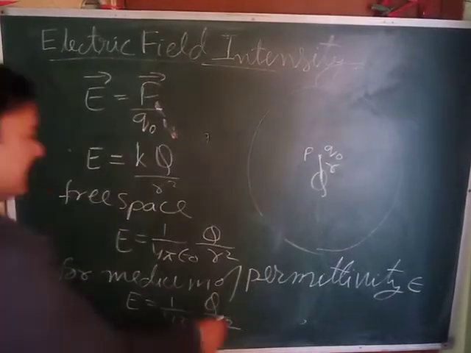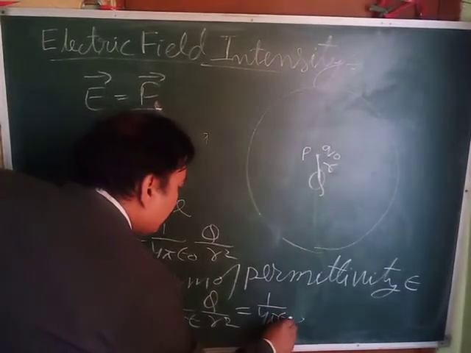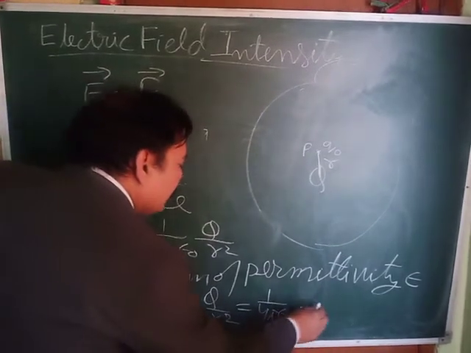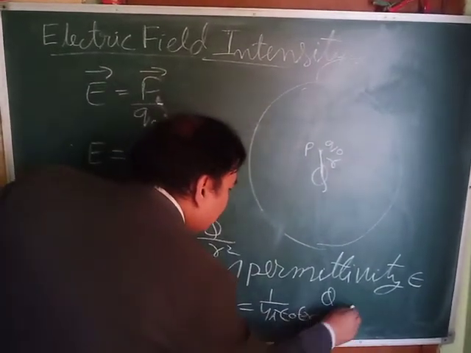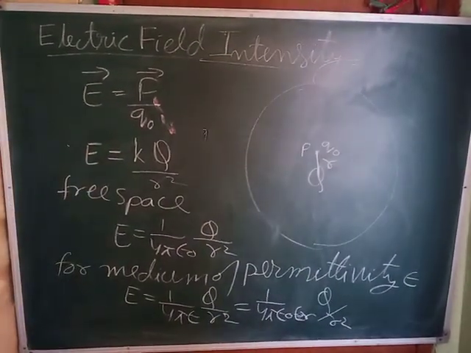But you know that this can also be written as 1 by 4 pi epsilon naught epsilon r, that is relative permittivity, Q upon r square. In this way also we can write it.